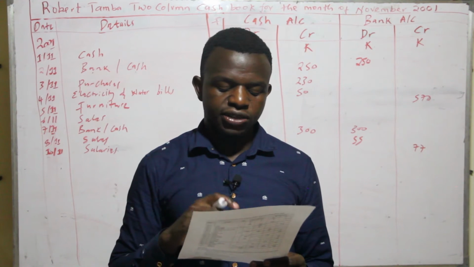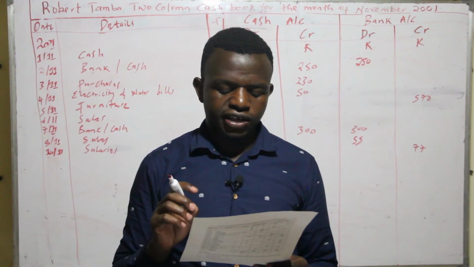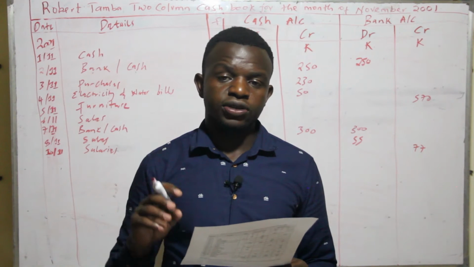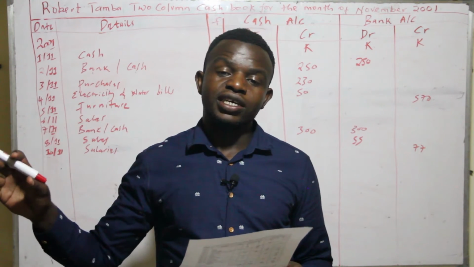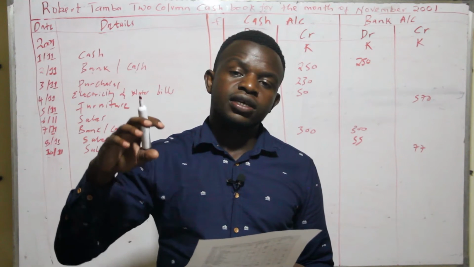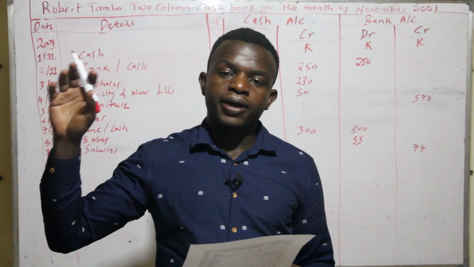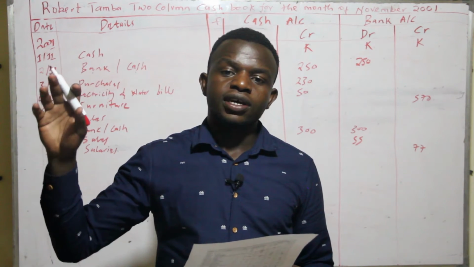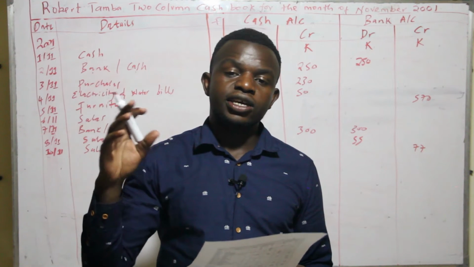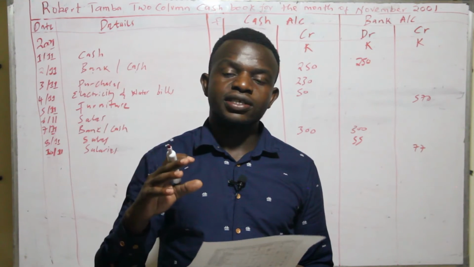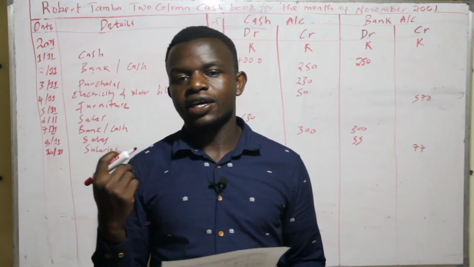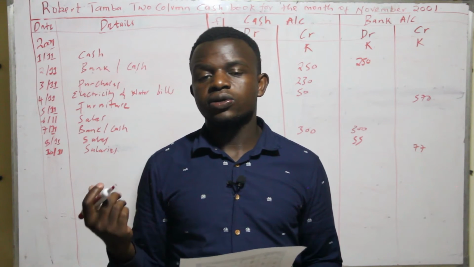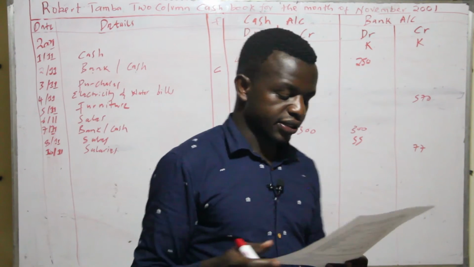When you withdraw money from your bank account and you take it into the business, that means that the bank account is being reduced, and the cash at hand in the business is going to increase. So we are going to debit the cash account and we're going to credit the bank account.